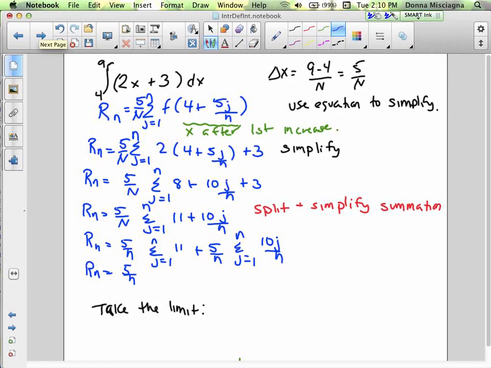So we have 5 over n sigma, nothing we can do here, j equals 1 to n of 11 plus, this would now be 50 over n squared, sigma, starting at j equals 1, ending at n, and just the j is left.